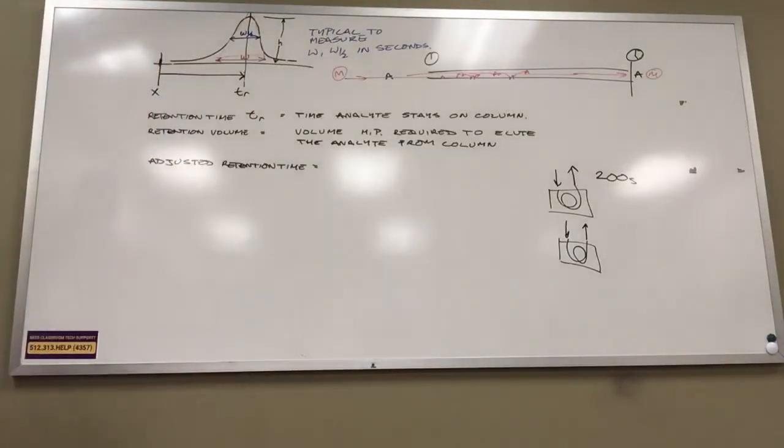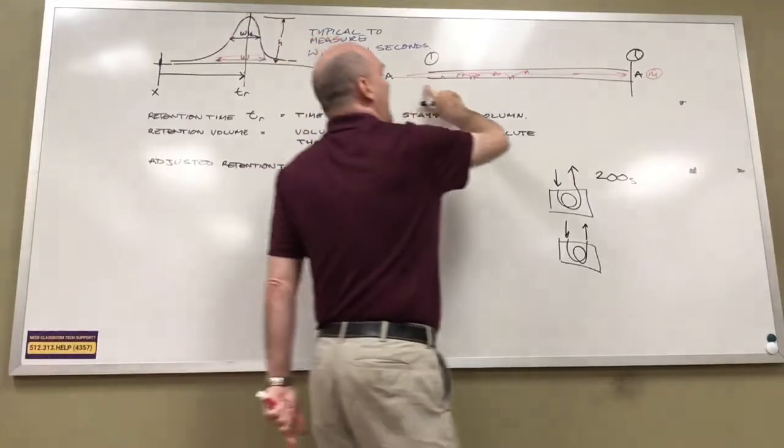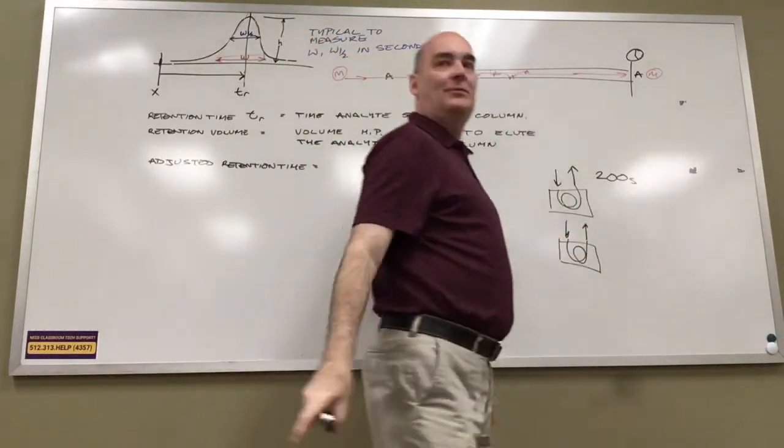So typically what we do is we take a small syringe of methane, that's a gas, it's hydrocarbon, it's natural gas, and we inject that and we count how long that takes to zip through.